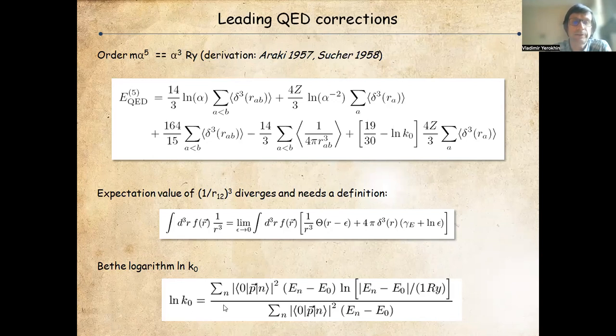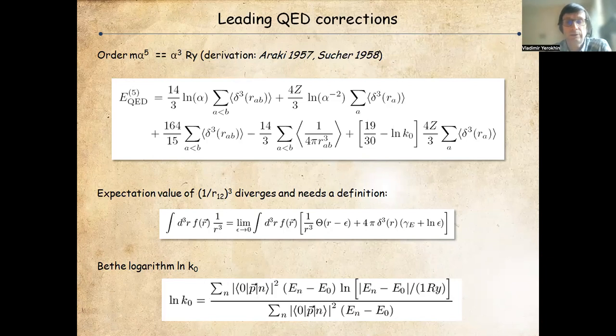So it is represented by a sum over the whole spectrum of the Schrödinger equation. And this sum is pretty tricky because it is nearly divergent. So there are significant contributions from very highly excited continuum states.